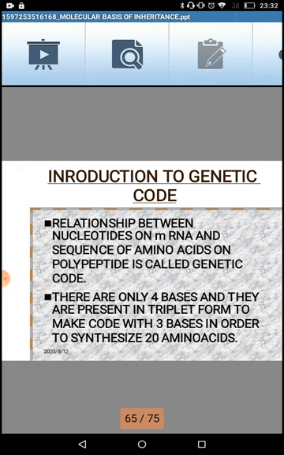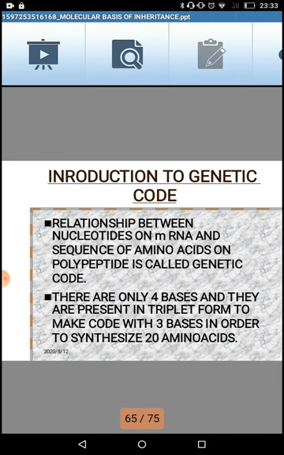So, before we go to understand what is translation, which is the next step after transcription, let us understand what is genetic code. If you remember a little bit of information which we have discussed in class 11, DNA comprises 4 nucleotides, or you can say 4 nitrogenous bases, that is adenine, guanine, cytosine and thymine.